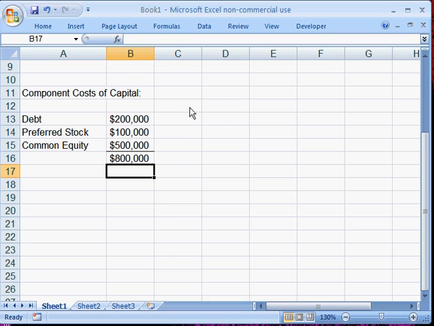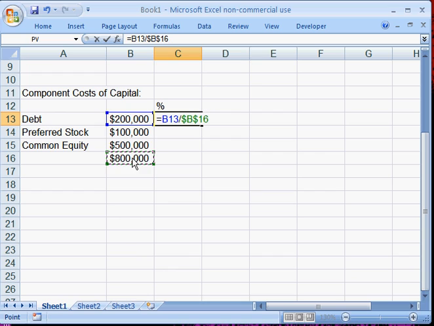Debt would be equal to the $200,000, and we would divide it by the total amount of capital of $800,000. Clicking on your F4 button makes the $800,000 an absolute reference in Excel, which is helpful because you don't have to keep typing it. You always want it to go back and grab the $800,000.